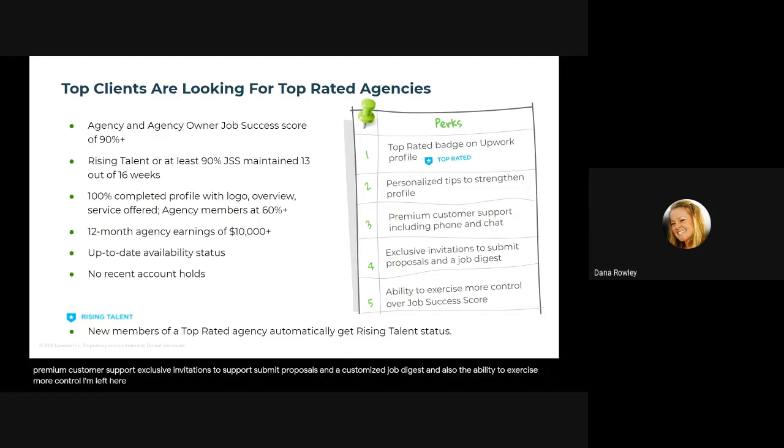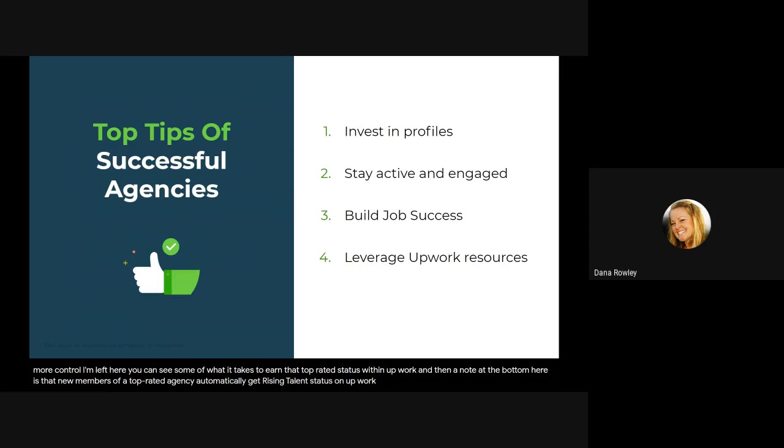On the left here, you can see some of what it takes to earn that top-rated status within Upwork. And a note at the bottom is that new members of a top-rated agency automatically get rising talent status on Upwork.